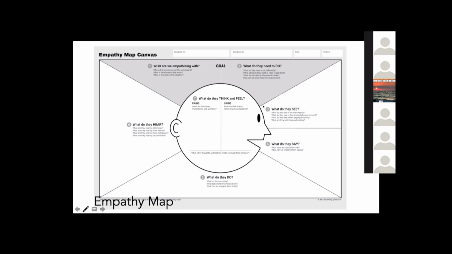And then in the middle, right? So what do they think and feel? And usually this is separated into these 2 spheres of what are their pains and what are their gains. Okay. This again is very business-like. So what are the pains that the customer, the user, has, and what are the gains that we want to give him, right?